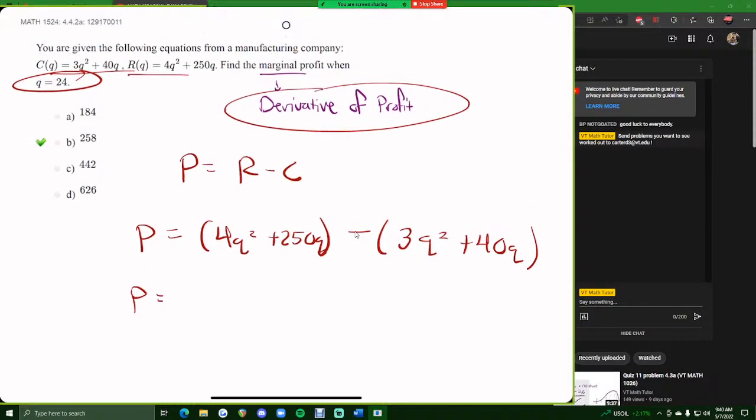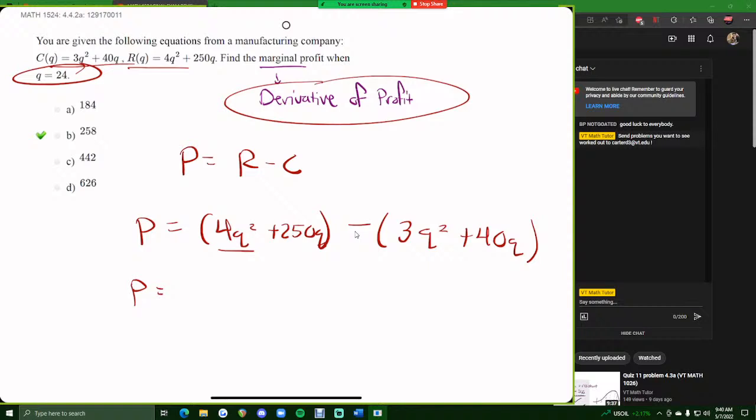So I'm going to subtract them first. 4Q squared minus 3Q squared is 1Q squared, or just Q squared. 250Q minus 40Q is 210Q.